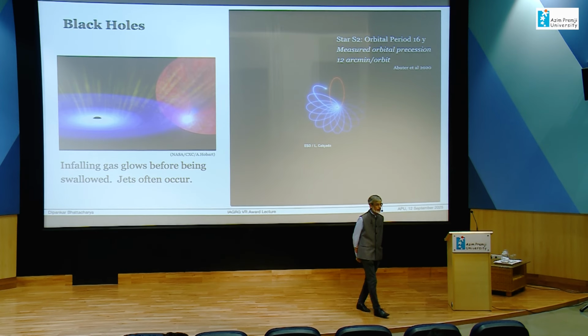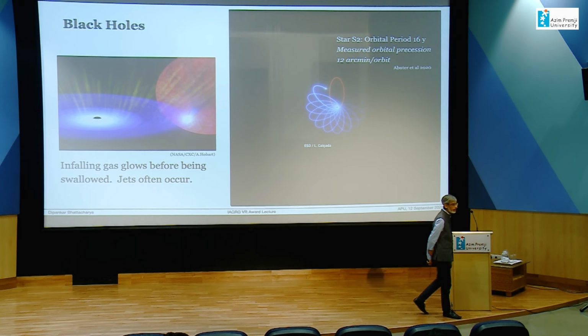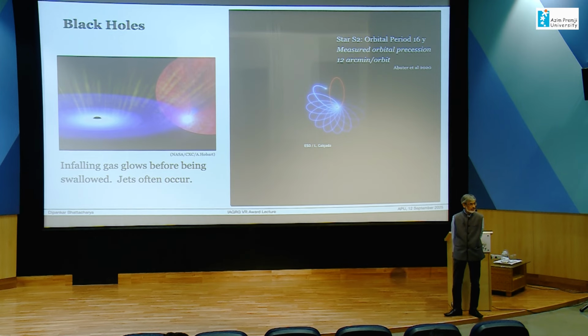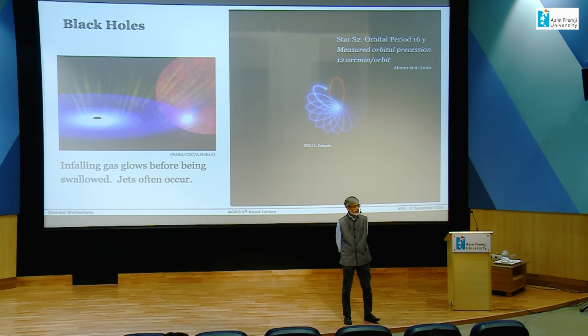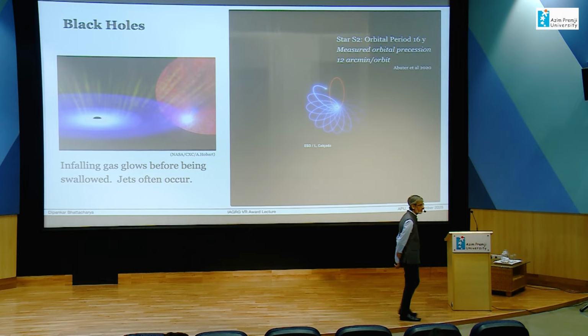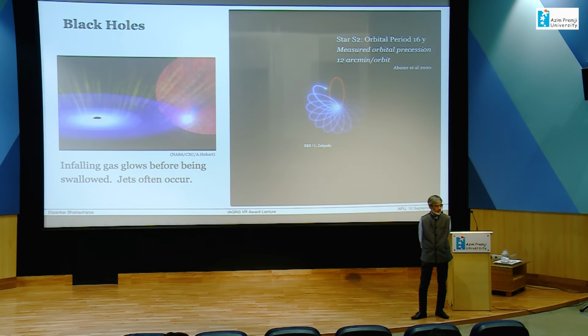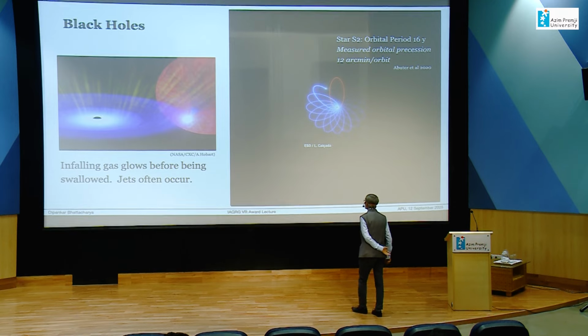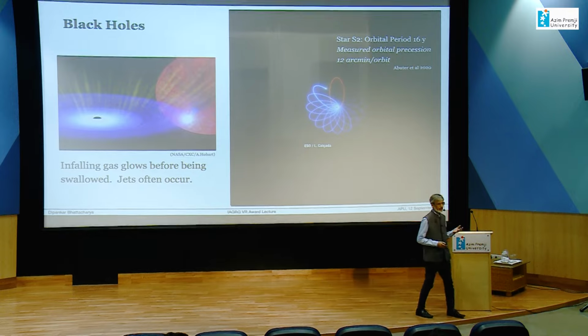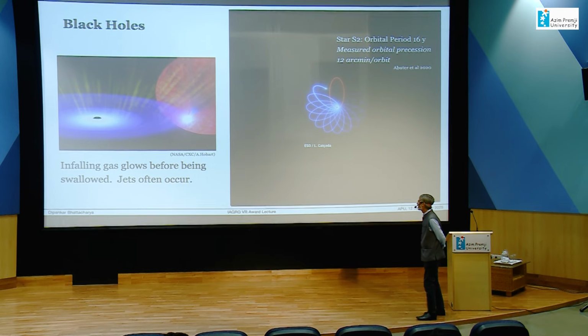One orbit in this case is 16 years. So it's a little less than an arc minute per year, compared to the precession of Mercury, which is 43 arc seconds, a fraction of an arc minute in 100 years, right? So this is one signature of the strong gravity effect that I'm talking about.